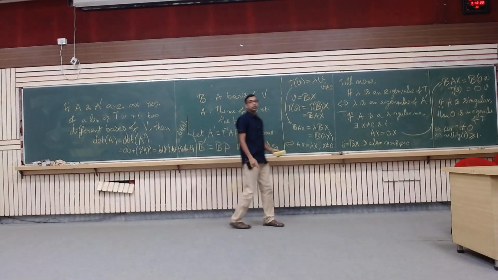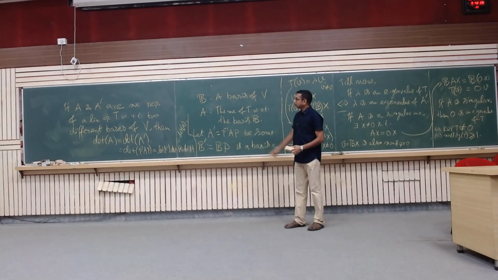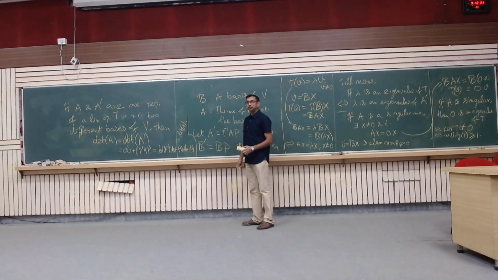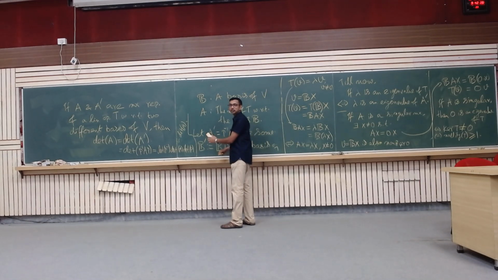Now, what can you say about the trace of A and A dash? They will be the same. Why? You know this, right? Trace of AB is equal to trace of BA.